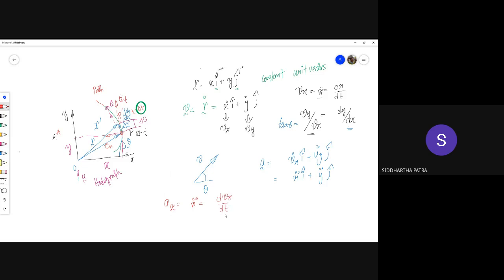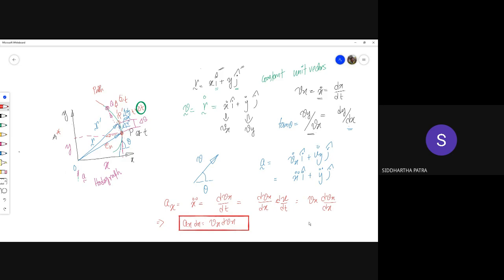That can be written as dvx dx times dx dt, which is essentially vx dvx dx, which tells you that ax dx is vx dvx, and that's the familiar expression from rectilinear motion.